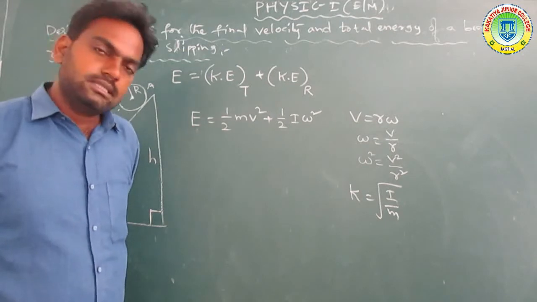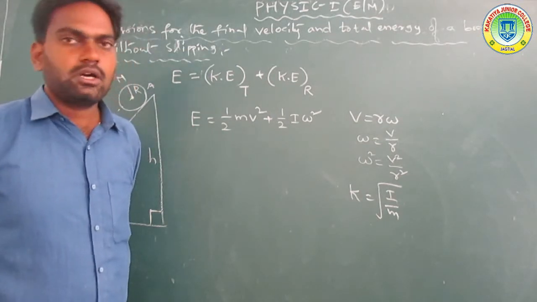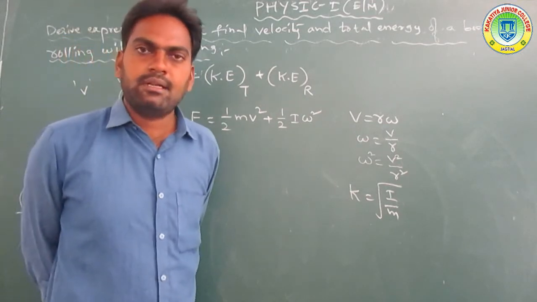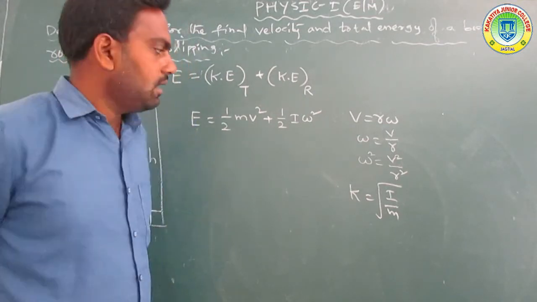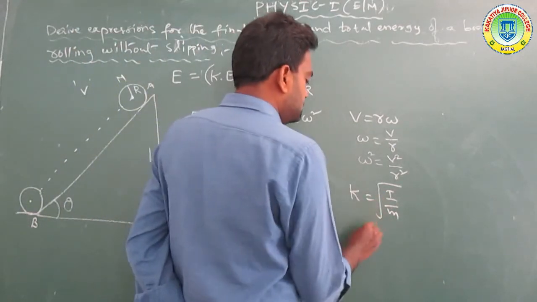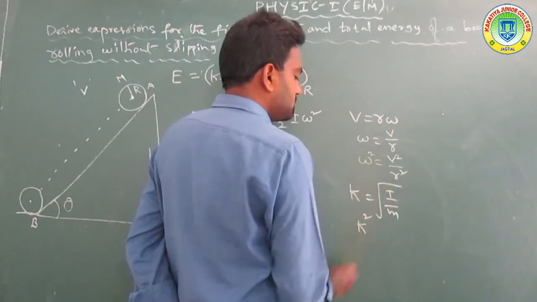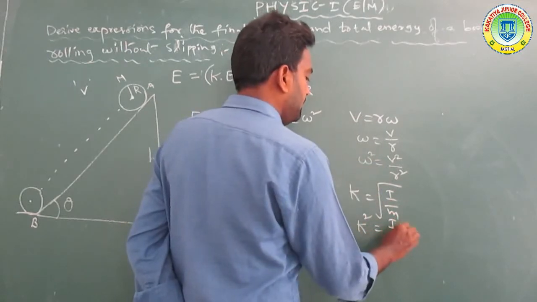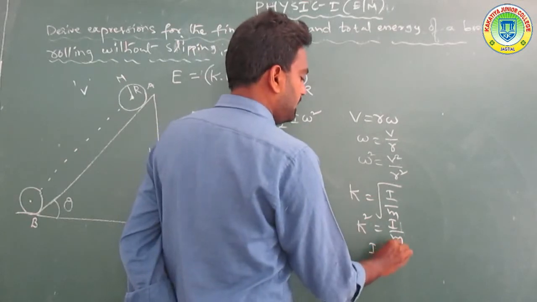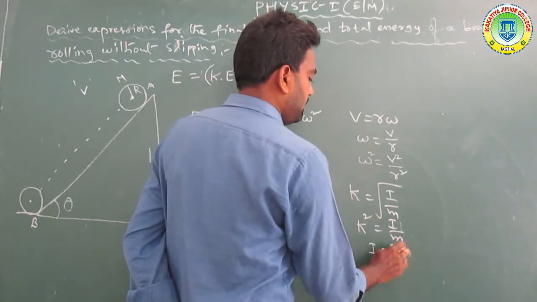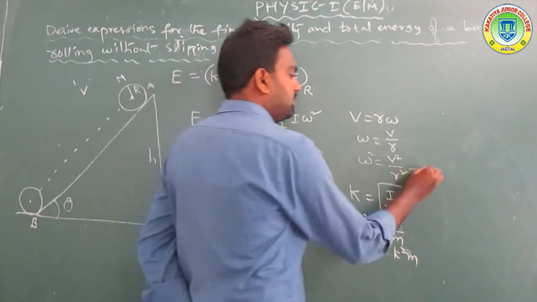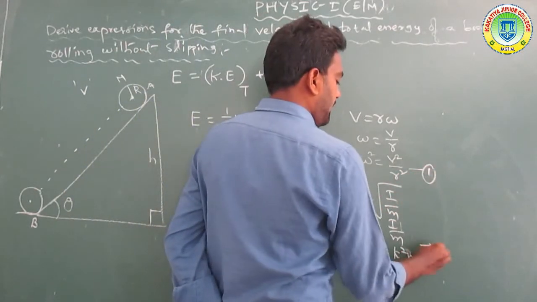Squaring both sides, K squared is equal to I by m, so I is equal to K squared m.